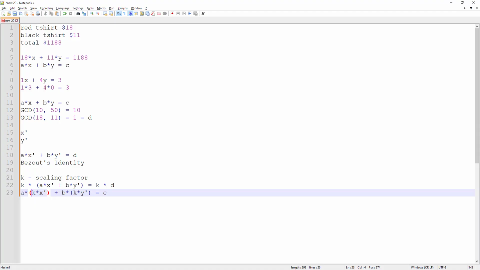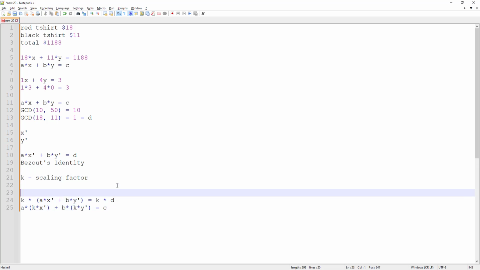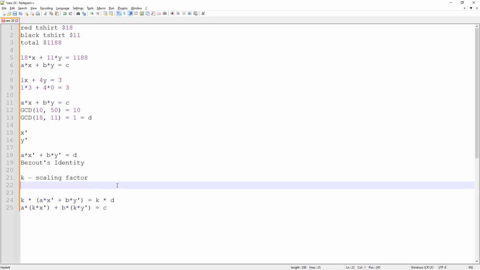And now, simply like that, we should have our answer. If you are wondering how I get c from k times d, by design this scaling factor k is actually c divided by d. Yeah, this is how it goes.